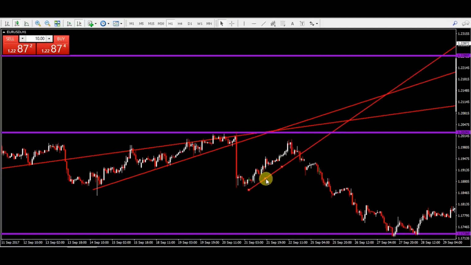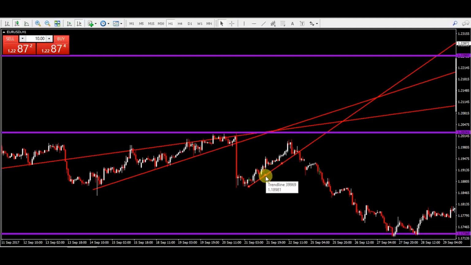And so, that's how I decide whether my bias on any given pair is long or short. What type of opportunities I'm looking for are based upon what happens after price reaches these areas. What does price do when it reaches these areas?